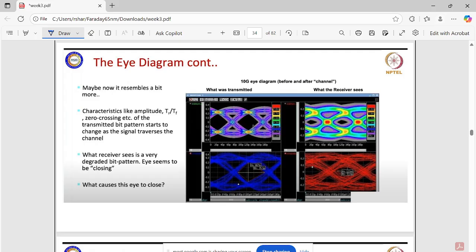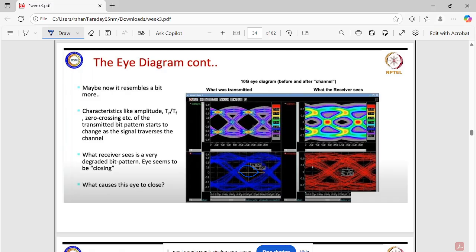So this looks like an eye. This diagram represents a 0, which is mapped to a negative voltage, and if it is 1 it is mapped to the positive voltage, and there is a margin between them where no bit is present, or no sample is present in that margin.